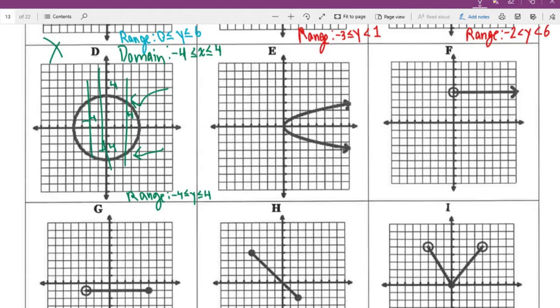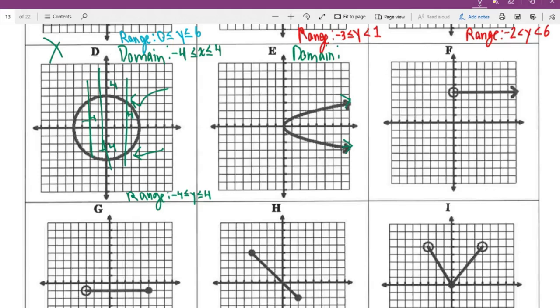Here, we have to find the domain first. So starting at the origin, we see something kind of interesting. We do start at 0, but these arrows show that this graph goes on forever.